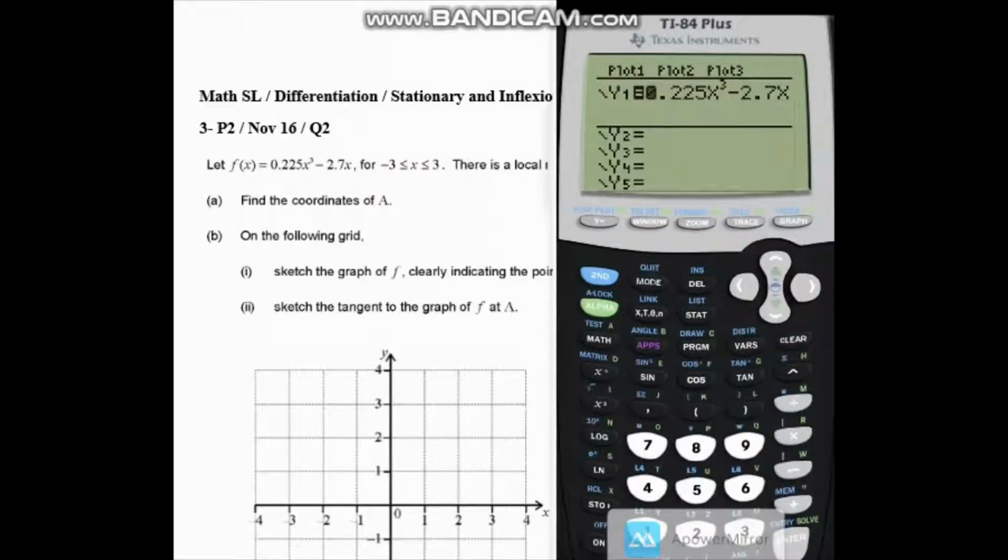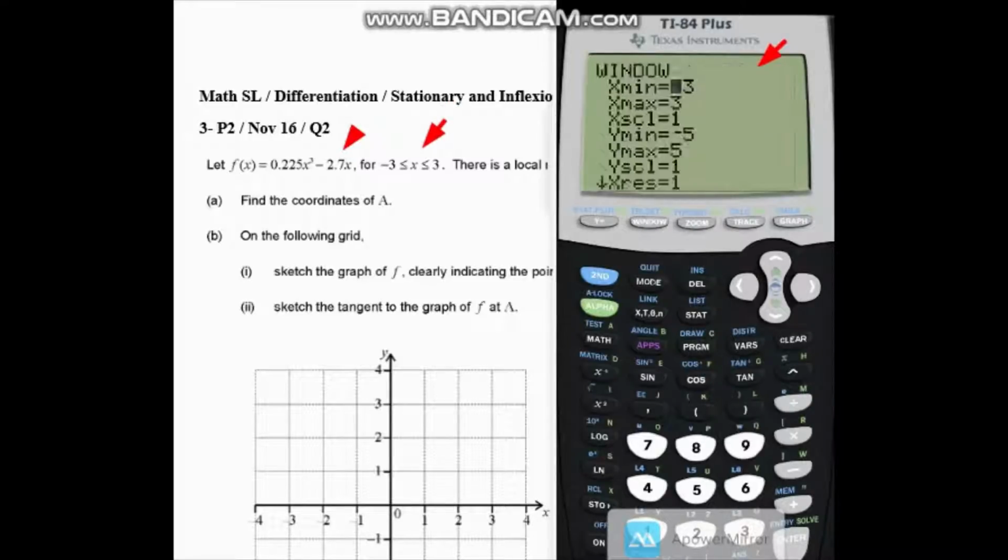So there is my function as it is. We had already written down the equation for question A. I've adjusted my window to suit the given domain. So x minimum is -3 and x maximum is 3. As for the y values, I've just set it slightly above 4 because this is what they've provided in the graph. So I've set it from -5 to 5.